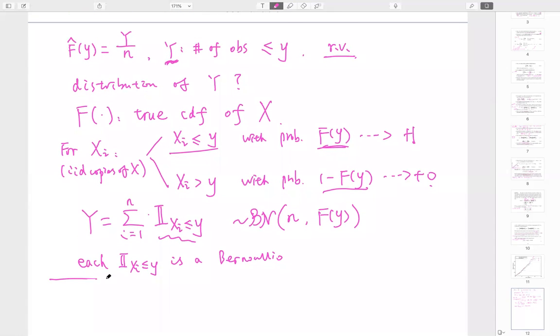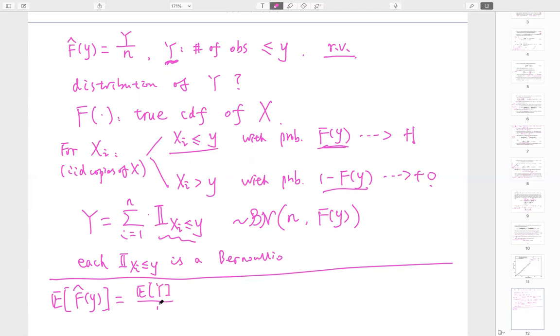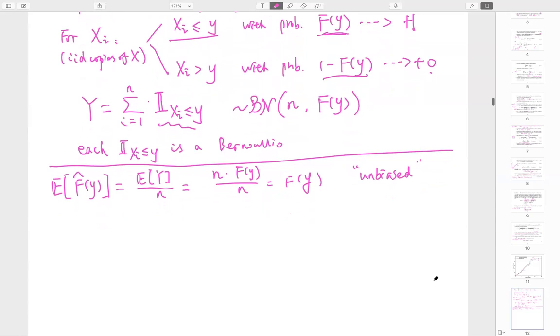Now, let me separate. For this particular estimator, I'm applying what we learned in the previous chapter. The mean of binomial is n times the parameter. This is good. This means it is an unbiased estimator for the CDF we are trying to estimate, which is excellent. Next, we want to calculate the variance.